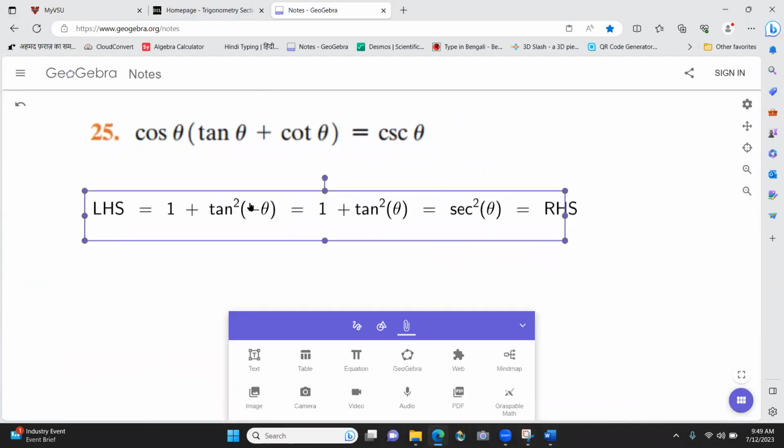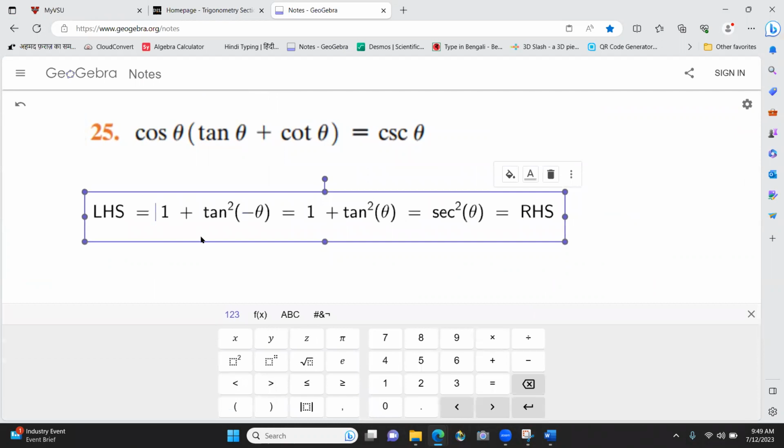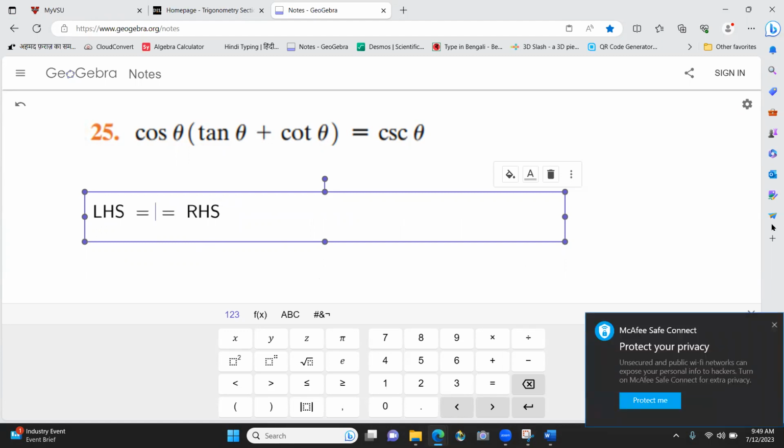All right. So the left-hand side is, I'm going to leave the right-hand side there. The left-hand side is this. All right.